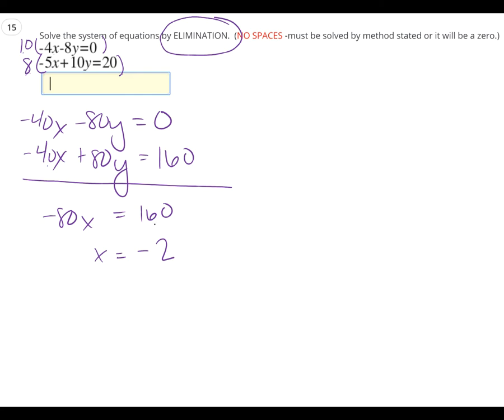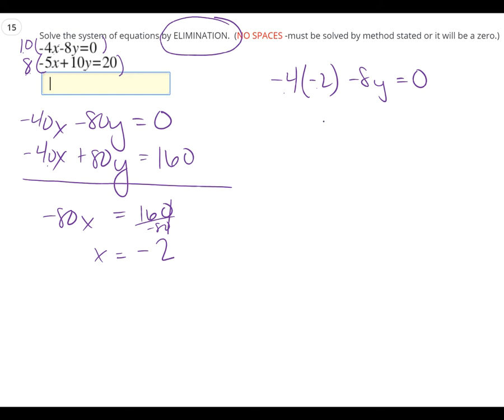2. Right? 8 to 16 is 2, right? How do I get y? If I distribute, I plug in. Am I going to plug into the 4x or the 5x? Okay, so negative 4 times negative 2 minus 8y equals 0.